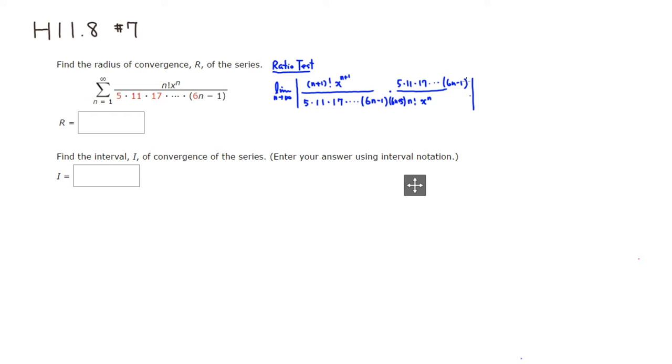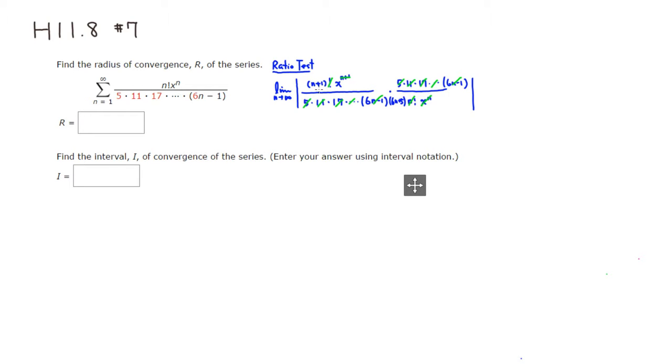All right, then we can do cancellation. You have 5, 5, 11, 11, 17, 17, all the way to 6n minus 1, 6n minus 1. Then there's (n plus 1) times n factorial over n factorial, so I get rid of that, and x to the n leaves another x.